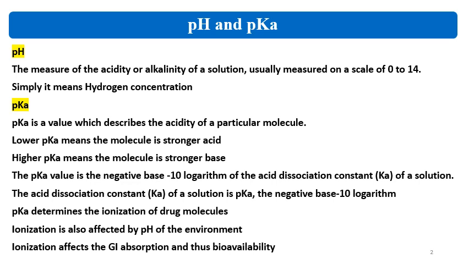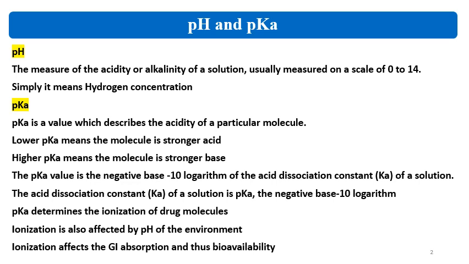First of all we will see the basics like what is pH, what is pKa, and how these things are related to the drug absorption. pH is the value or a measure of the acidity or alkalinity of the solution, and the pH scale is very well known to the people and the professionals, that is the scale of 0 to 14.